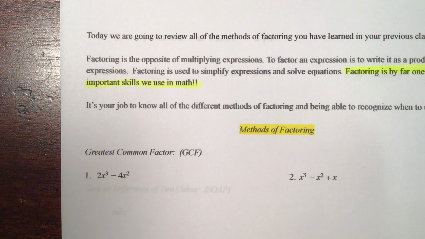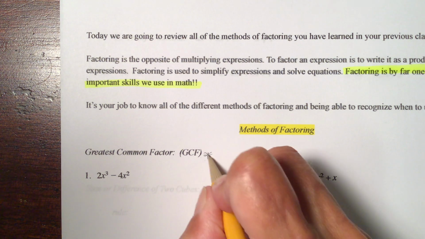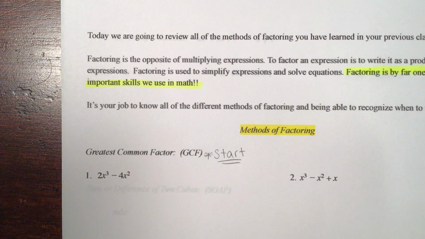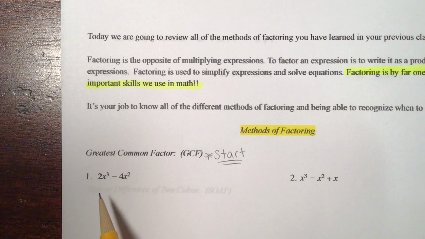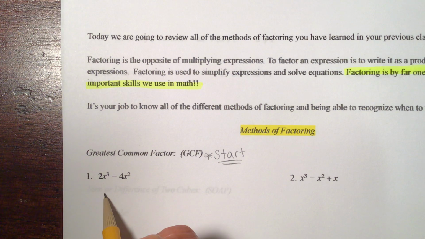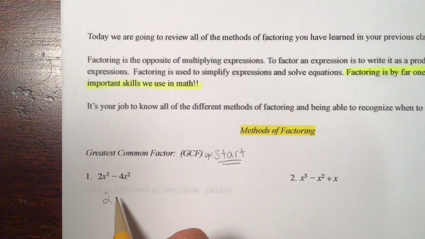Whenever you're looking at a problem, you always want to start by seeing if there's a greatest common factor in the expression you're trying to factor. In this case, we have 2x cubed minus 4x squared. So I look in each term. In each term, I have a 2, and then I look at the variable part, and my GCF would be 2x squared.